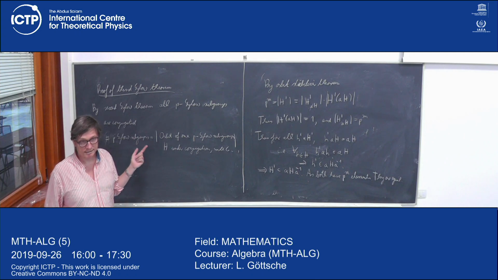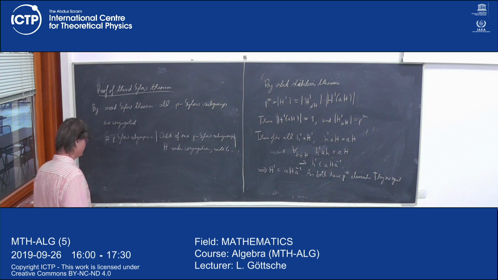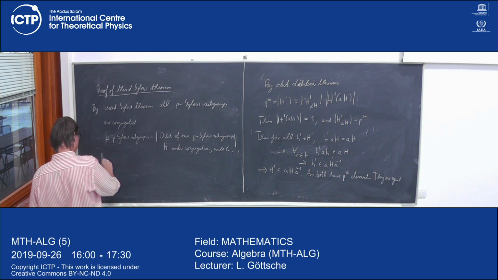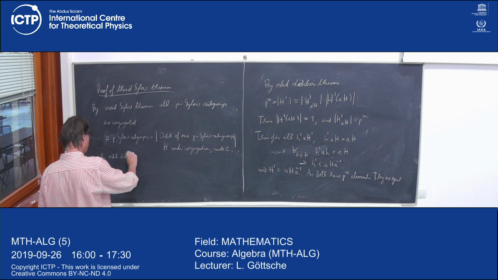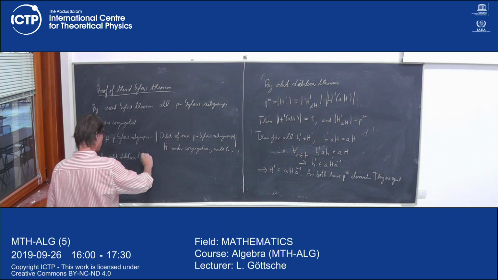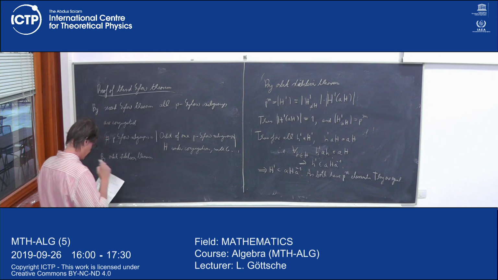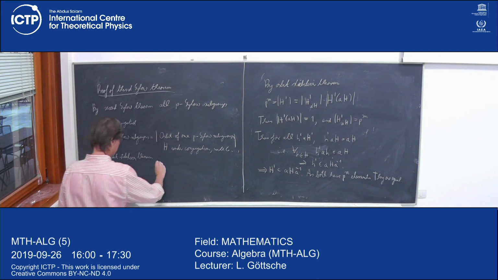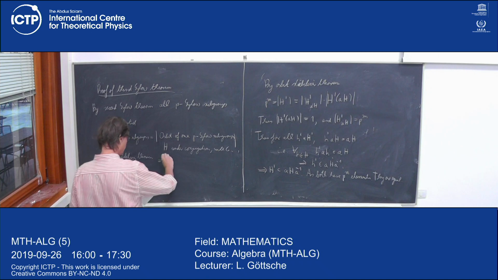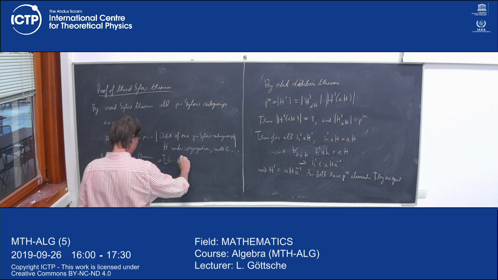The stabilizer is NH. So it follows by the orbit stabilizer theorem we have that this is equal to the index of NH in G.